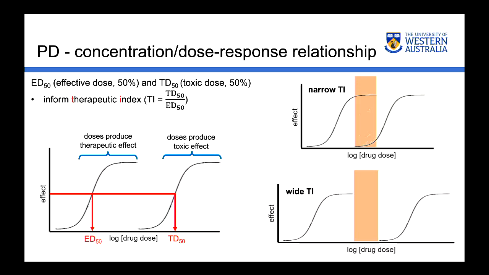Now, an example which I like to use again is paracetamol. Paracetamol has a very narrow therapeutic index. That's why paracetamol overdose is common and can be lethal, because it causes severe damage to the liver. If you look at that, probably it would not be approved at all because of the narrow therapeutic index.